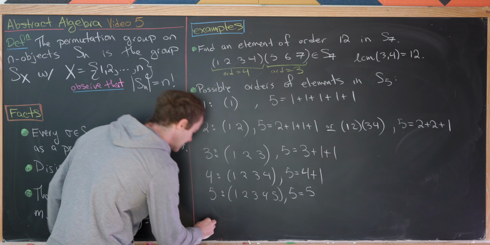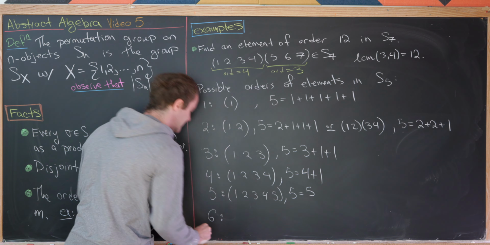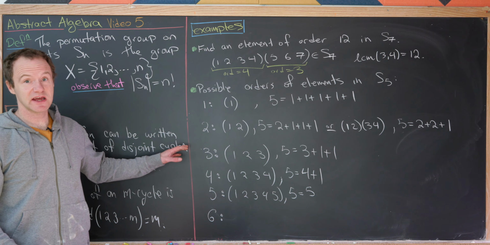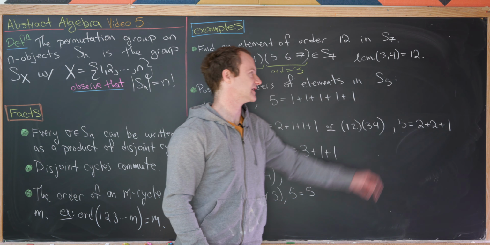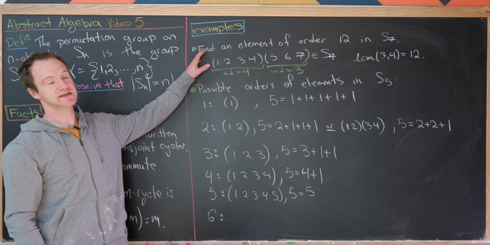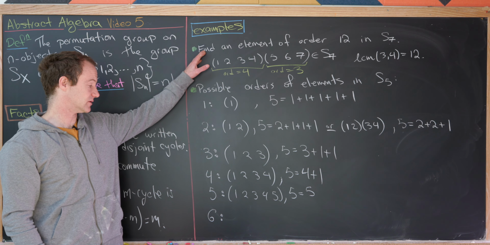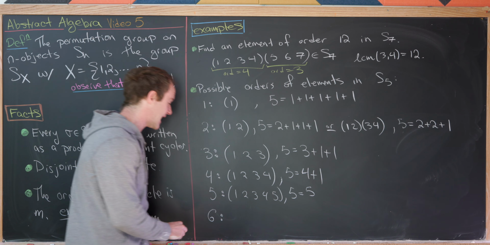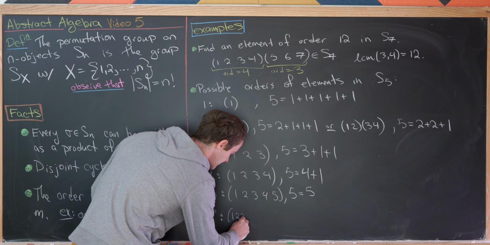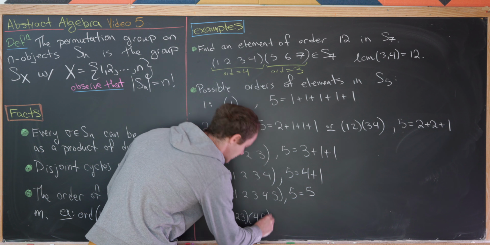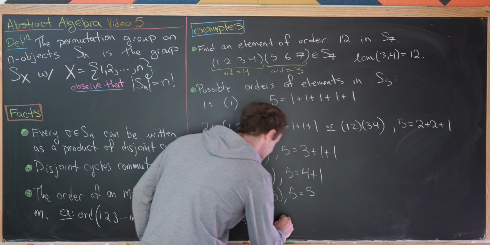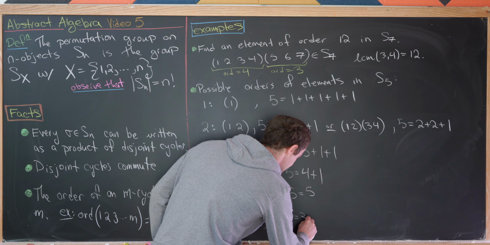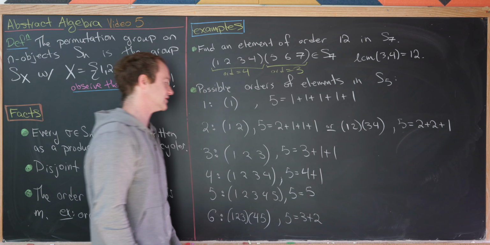And then finally, we could have an element of order 6, which people just learning these things may think is impossible because it's larger than 5, but based off of this example, we see it's not impossible. That's because we could have a disjoint 3-cycle and 2-cycle. This would be exhibited by 5 equals 3 plus 2.